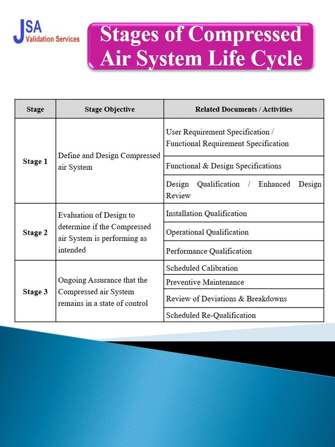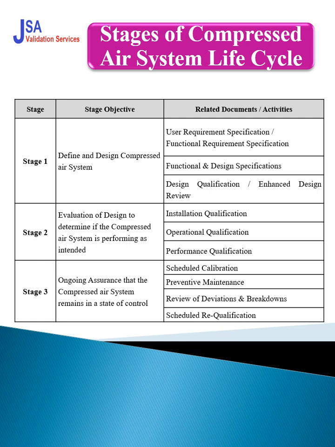So this stage requires three qualification criteria, that is installation qualification, operation qualification, and performance qualification. All three should meet the design specification and user requirement specification. Then we can say yes, our system is evaluated and the design is compliant to the user requirement specification. Then we go forward to the third stage.